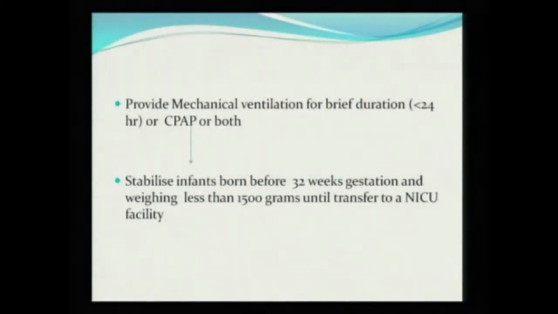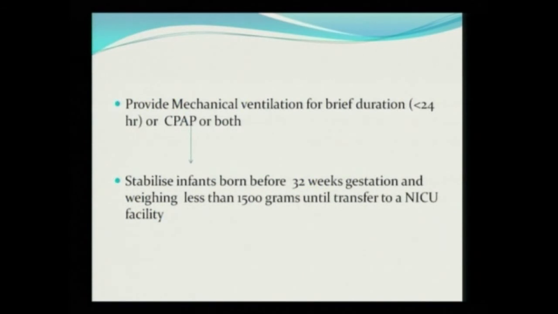So level 2 is basically level 1 plus infants whose gestation is more than 32 weeks and the weight is more than 1.5 kilo, and who have physiological immaturity and who can go into apnea and have feed tolerance issues, and who require assisted ventilation for less than 24 hours or a CPAP, and provide mechanical ventilation for brief duration, that is less than 24 hours.